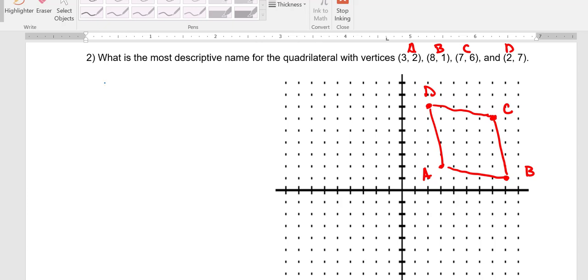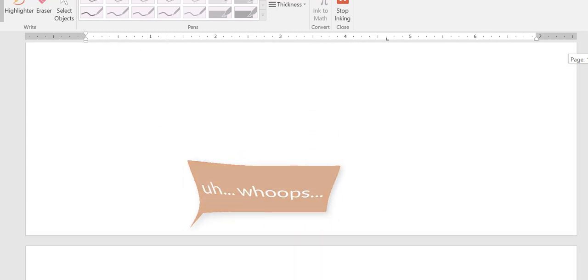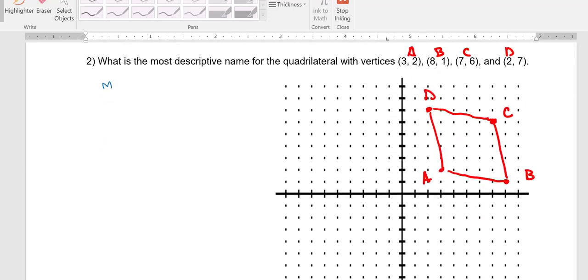So I'm going to find the slope of all the sides to see if I have opposite sides congruent or parallel. So the slope of AB, the slope of BC, the slope of AD, and the slope of CB. And I'm going to show the work: 1/5, -1/5, -5, and -5.